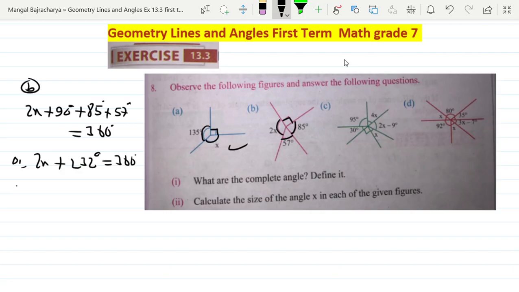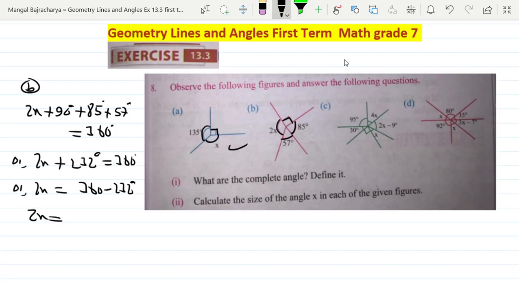You may not be allowed to use the calculator in the exam until you go to grade 8. So you have to be capable of calculations, adding, subtracting manually by yourself. You won't be dependent on the calculator, and you'll not be allowed to use a calculator.